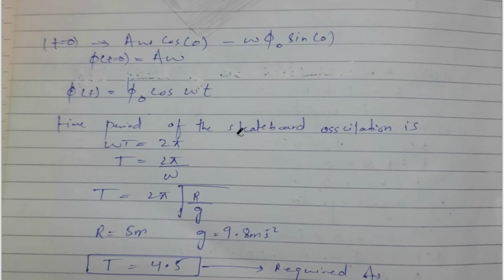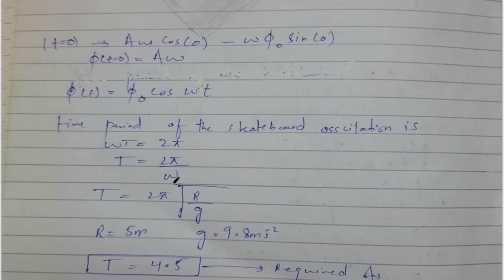The time period of the skateboard oscillation is this. After arranging these terms, omega t equals 2 pi, because the skater is moving through 2 pi radians, 360 degrees, of motion along a half pipe.